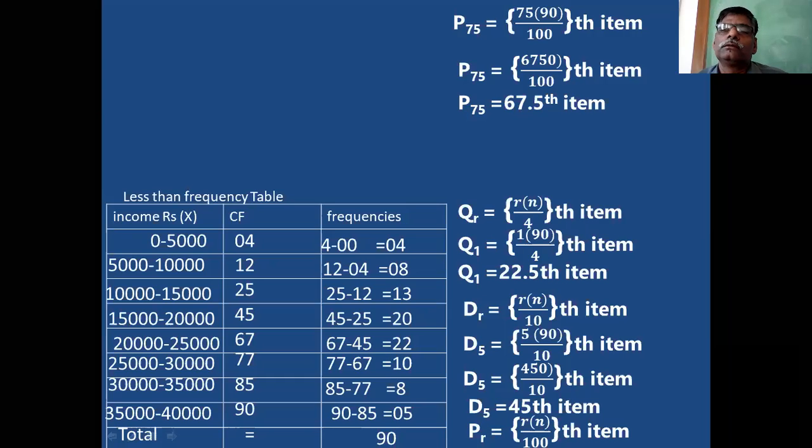You draw a horizontal line from that point to the graph line, the less than frequency curve. Then from that point you draw a perpendicular line to the x-axis, where the line touches the x-axis. That is Q1. Next is D5, and next is P75.